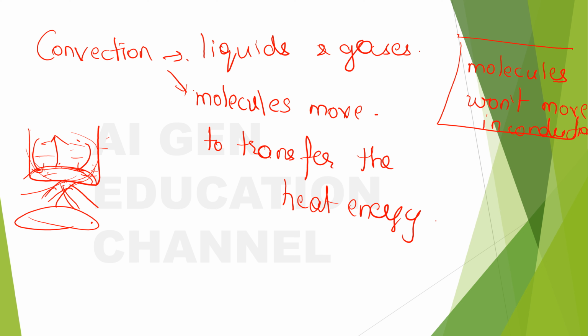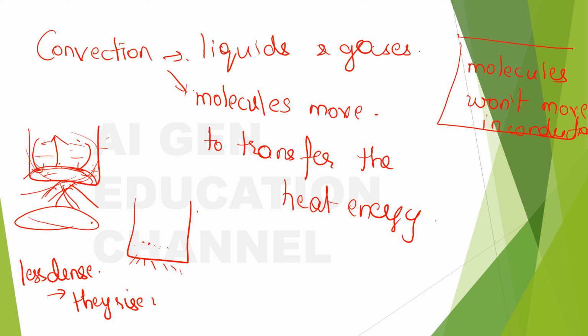Here, when the molecules get heated up, they become less dense, and so they float, right? It means that they rise up. So the warmer molecules go up, and the colder molecules, being denser than the hotter molecules, come down, right?